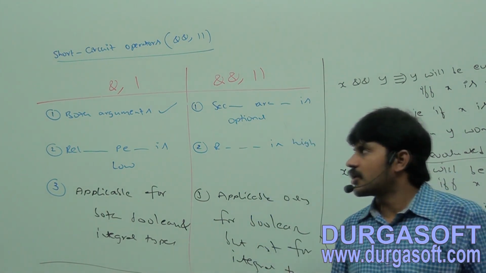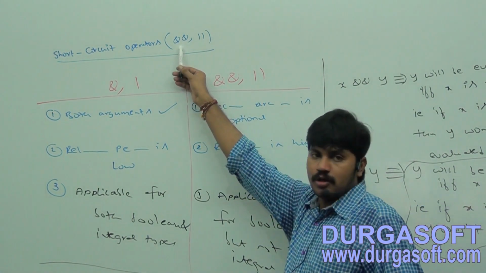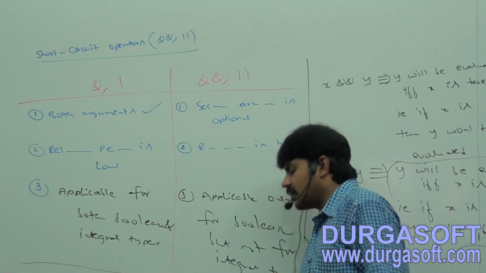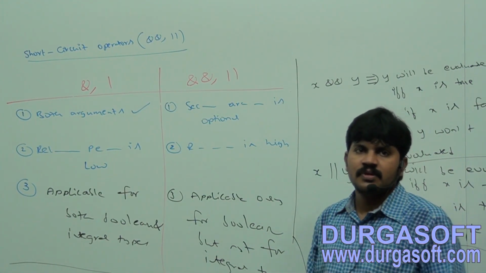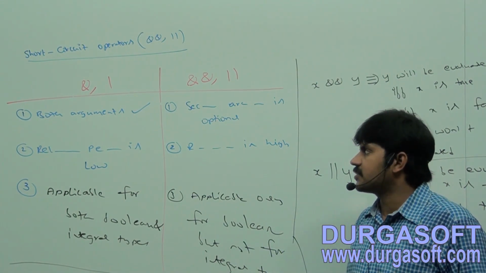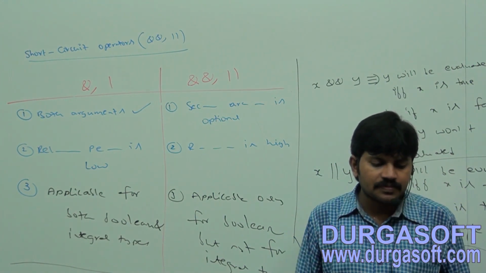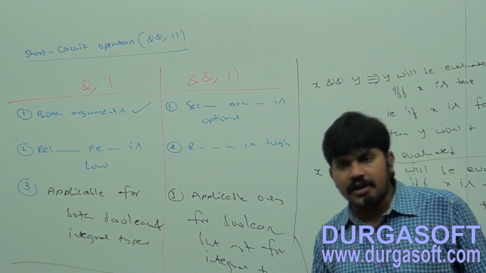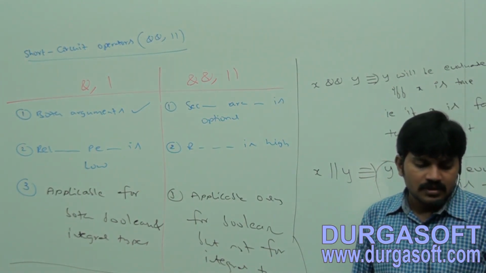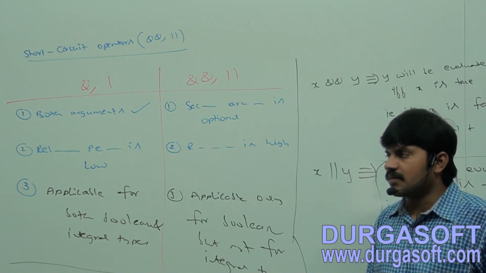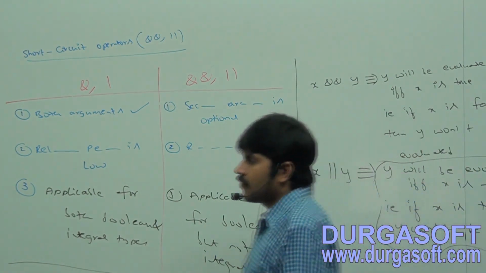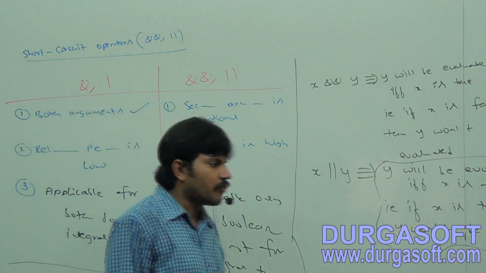Yeah. Short circuit operators, within brackets double AND and double OR. I hope you took this one under the tab. These are exactly the same as bitwise operators, within brackets AND, OR, normal AND, normal OR, except the following differences.